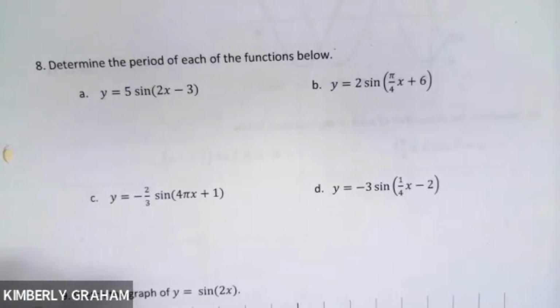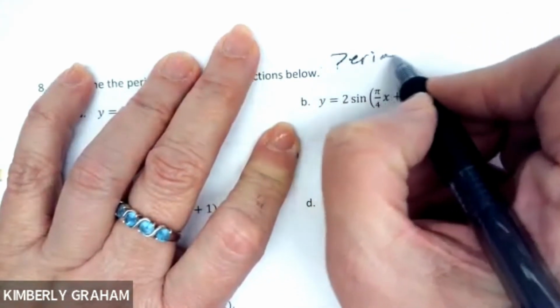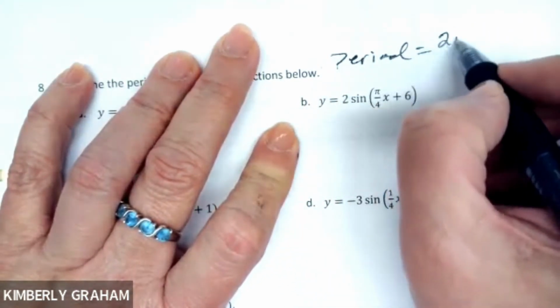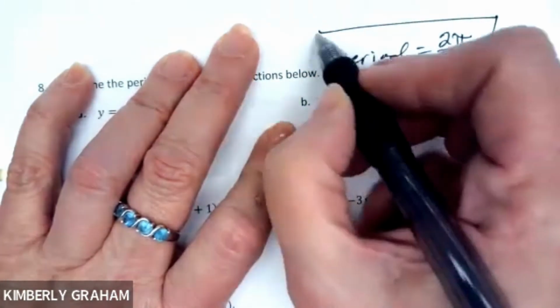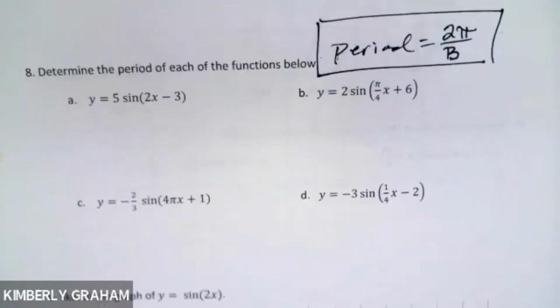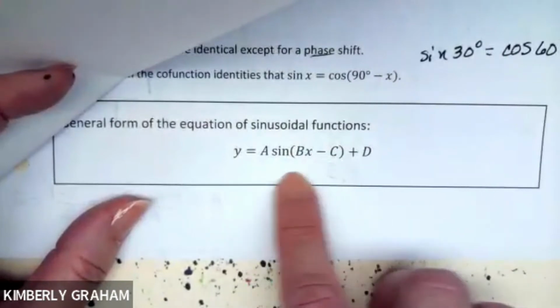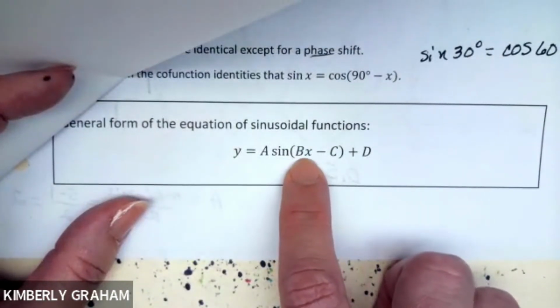The formula for the period is 2 pi divided by b. So this is the formula that we're using here. Period is 2 pi divided by b. And remember that we're looking at this as my general form for my equation. So it's the coefficient of this x term.